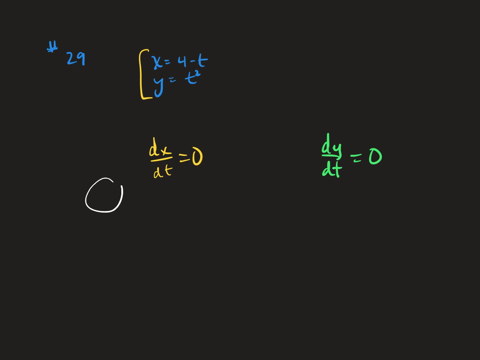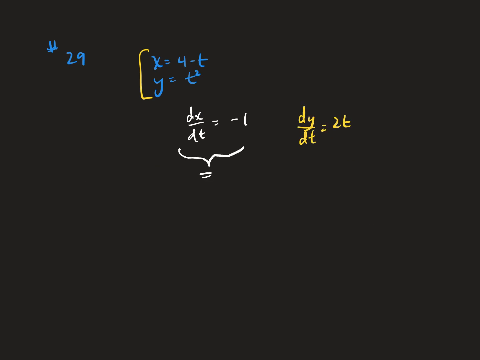When x is not changing at all, that's going to be a vertical tangent line. And for dy/dt being equal to 0, that means the change in y with respect to t is 0. Y isn't changing at all. When is y not changing at all? Just for an instant on any horizontal tangent line. All right, so let's proceed.